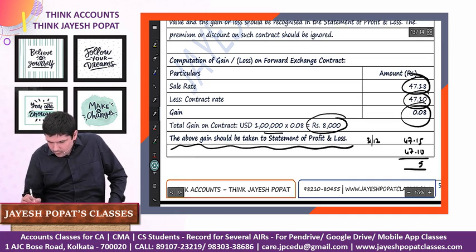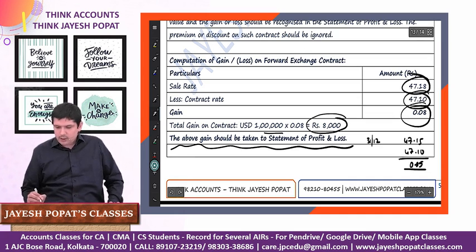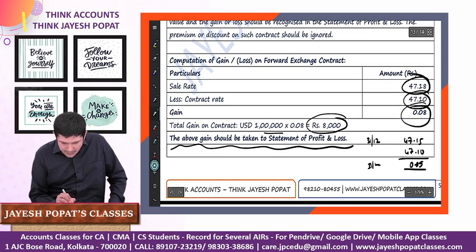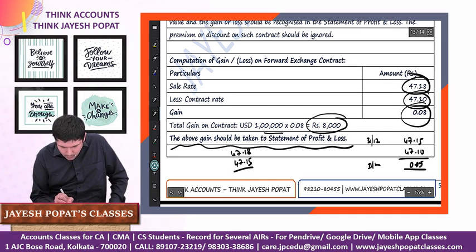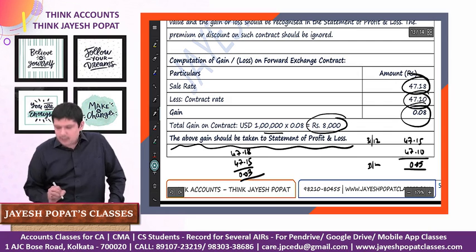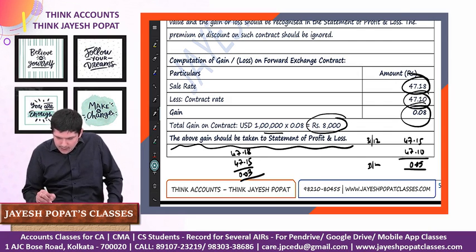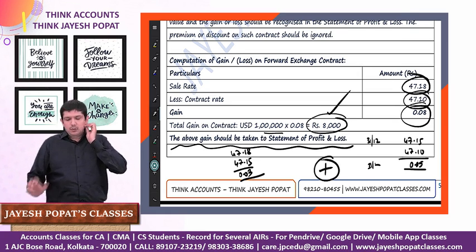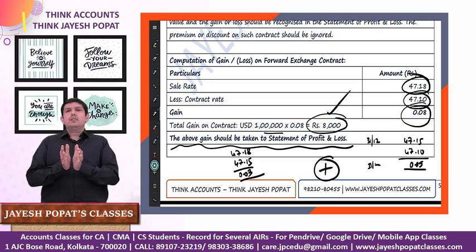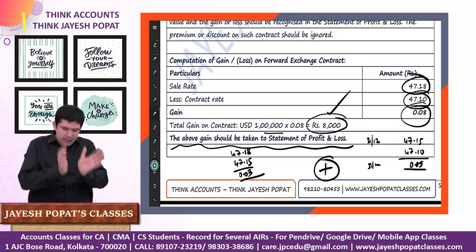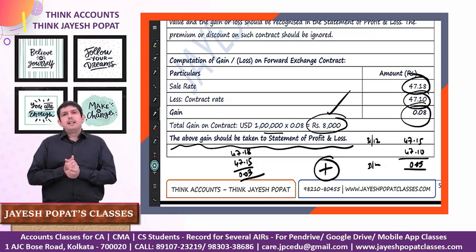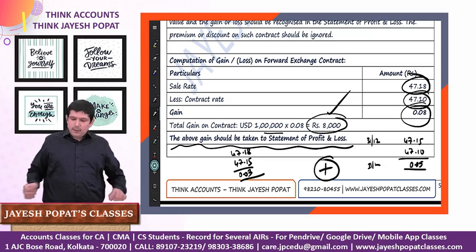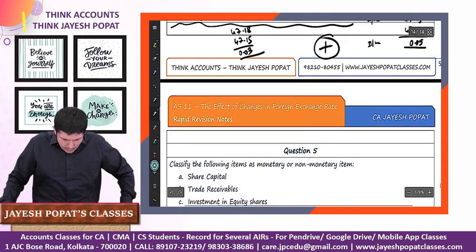So 5 paisa of gain would be recognized on 31st December, and then 47.15 and the rate at which he has settled the contract is 47.18. So remaining 3 paisa will be in next financial year. If we add these two, this will be 8 paisa. They haven't asked us to do financial year treatment, so the total gain on the contract is 8 paisa, which is $1 lakh into 8 paisa, 8,000, and the entire thing will be taken to statement of profit and loss.